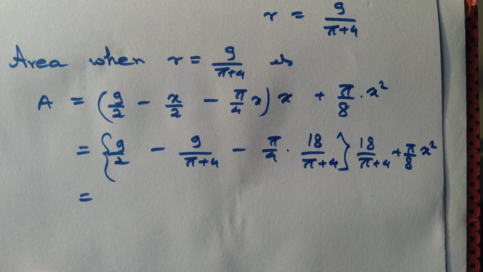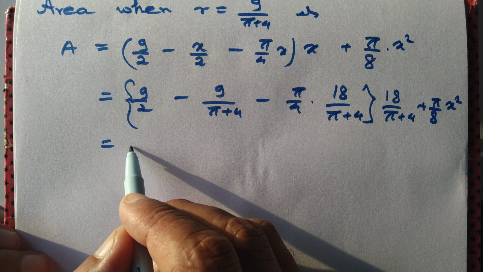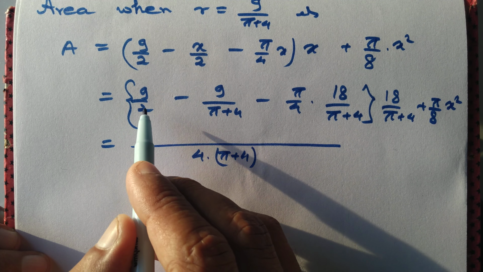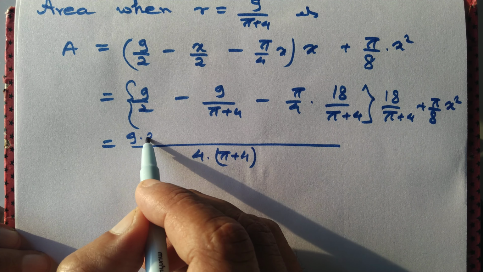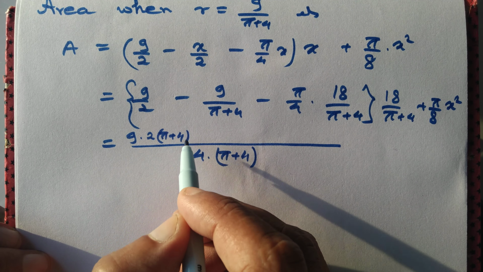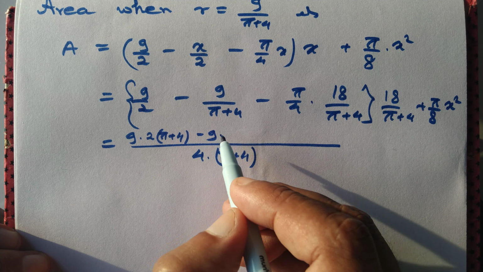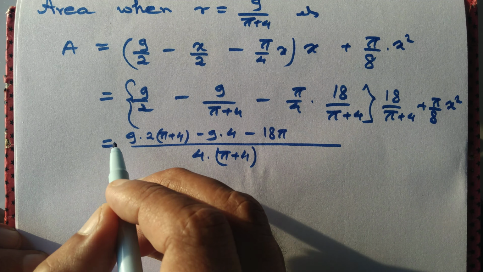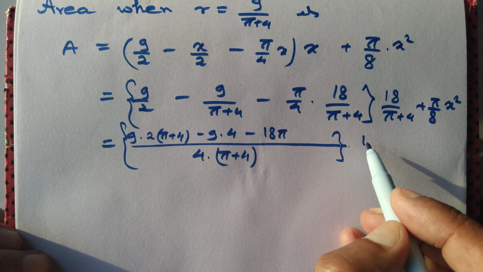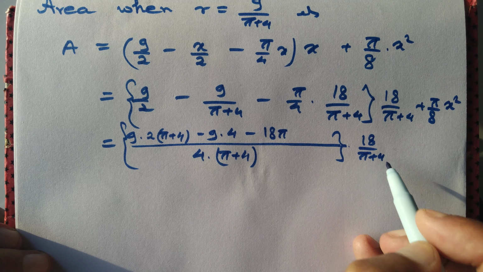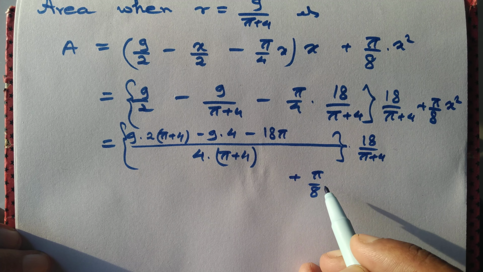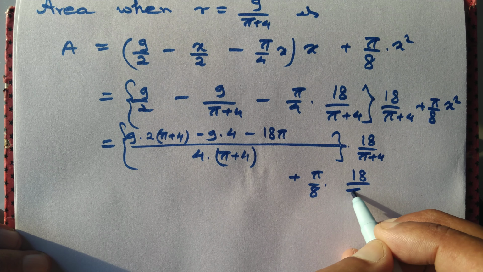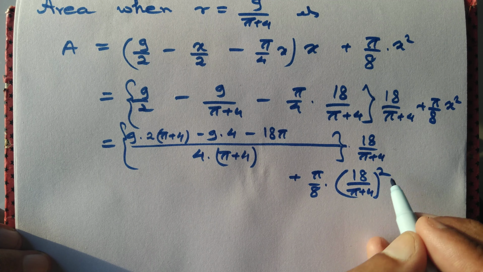Let's simplify it out. We simply take the LCM. LCM is 4 times (pi + 4). So I should multiply 9 by 2 times (pi + 4) minus 9 times 4 minus 18 pi. Everything to be multiplied by 18/(pi + 4) plus (pi/8) times x squared. Again x equals 18/(pi + 4), the whole thing squared.